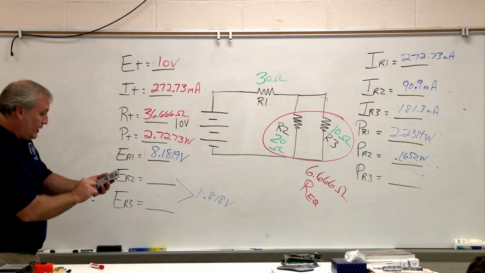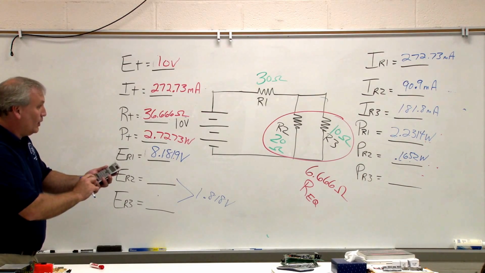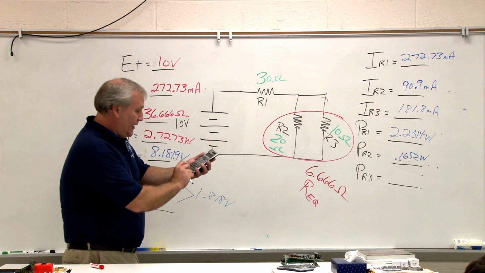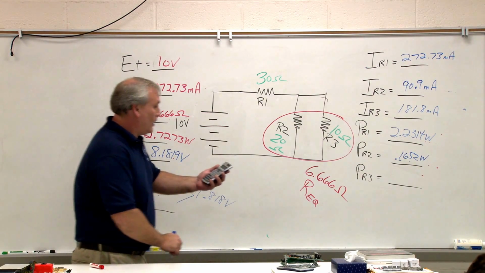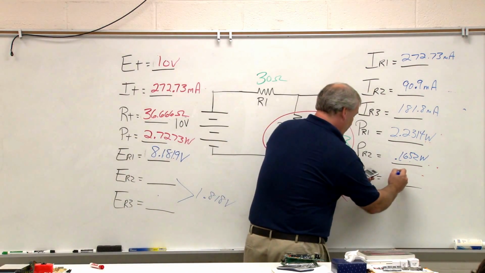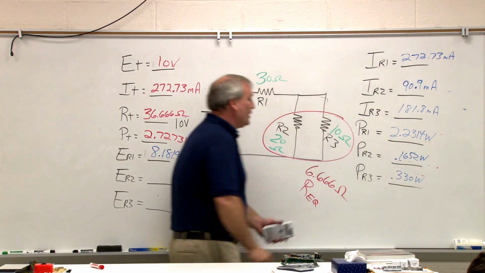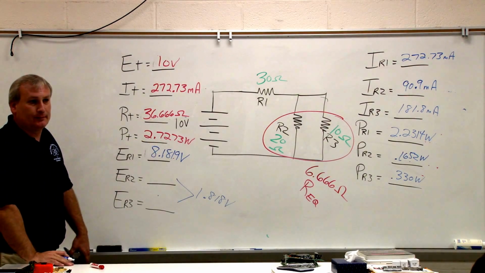And then ER3 is also 1.818 volts. We're going to multiply that by IR3, which is our 181 milliamps. And we're going to come up with 0.330 watts. And of course, if we add them up, that'll get me up to my 2.7 watts.